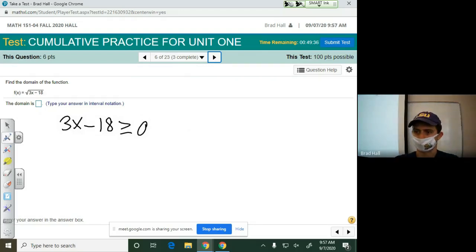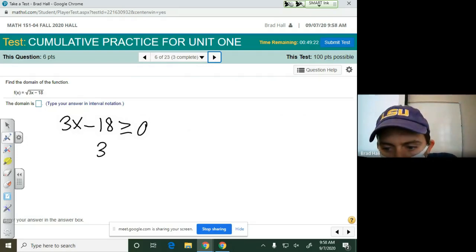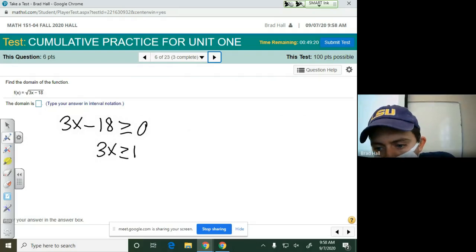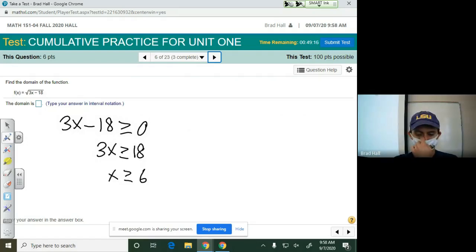And that is how you set this one up. For the domain of a fraction, it was set the denominator not equal to 0. For square roots, it's set the radicand greater than or equal to 0. Algebraically, we can solve for that fairly quickly. I don't think that should be too much of a hassle.